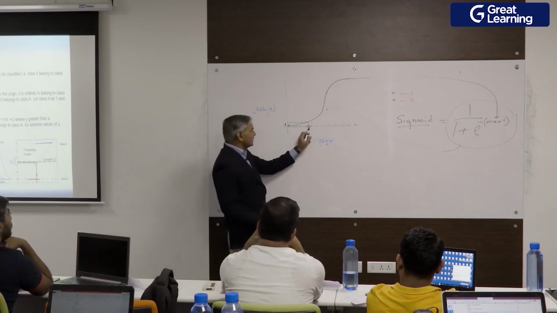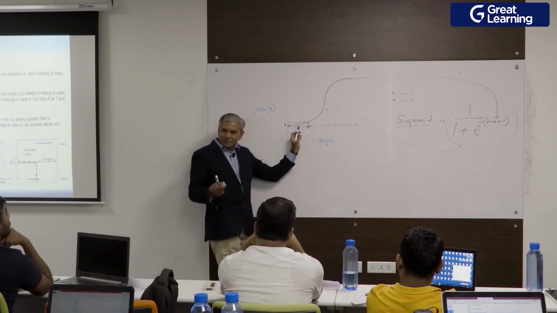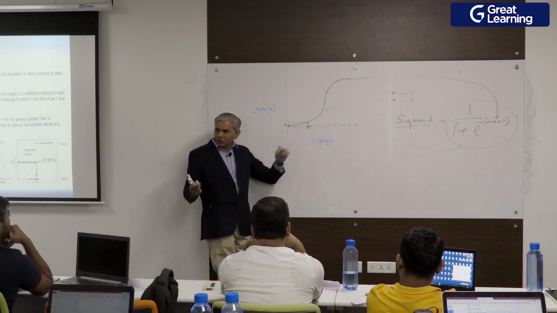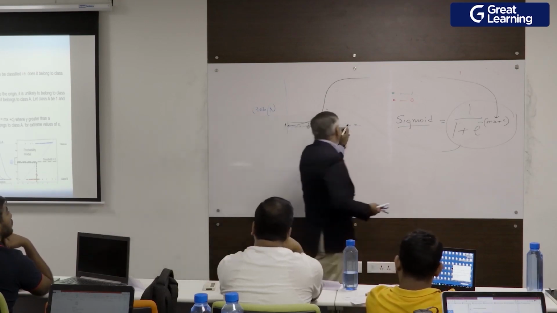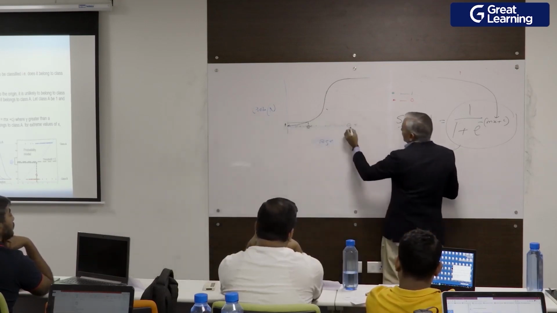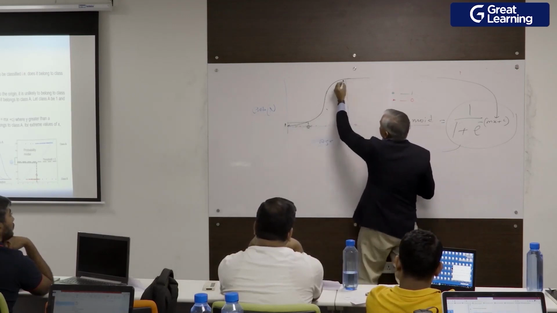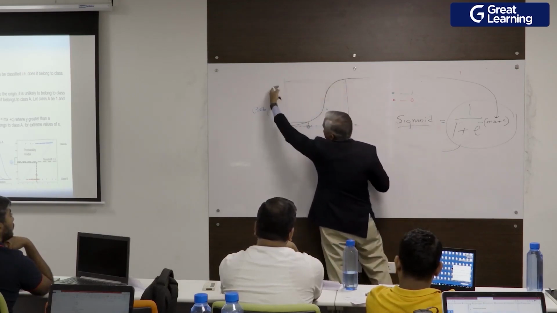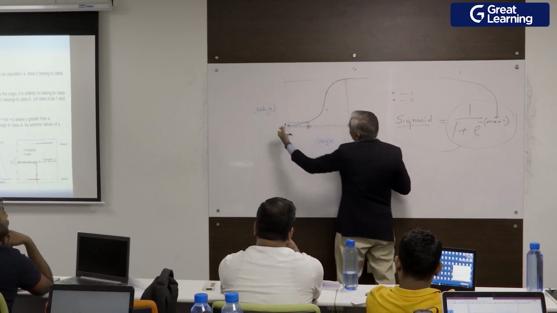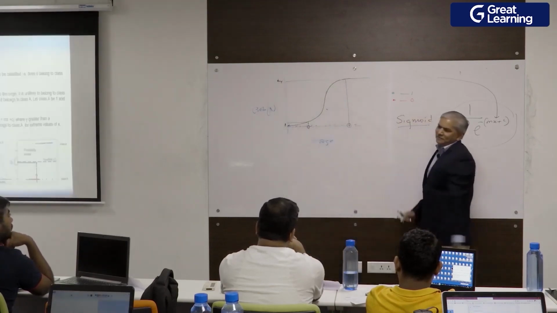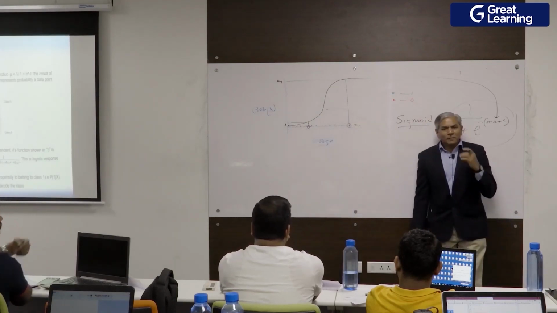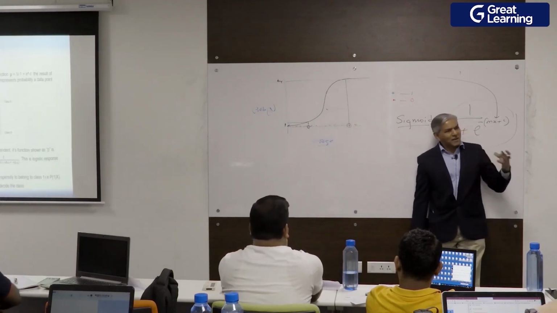So the model prediction and the actual label, both of them, are matching. Take this green one. What is the probability that this green point belongs to the blue class? The probability is very high, and he is actually green. So both prediction and actuals match.